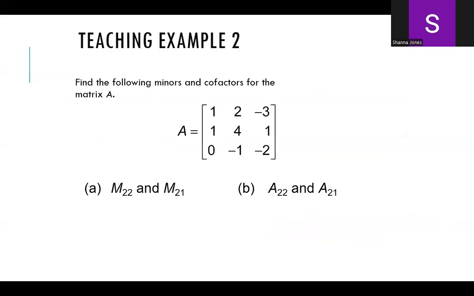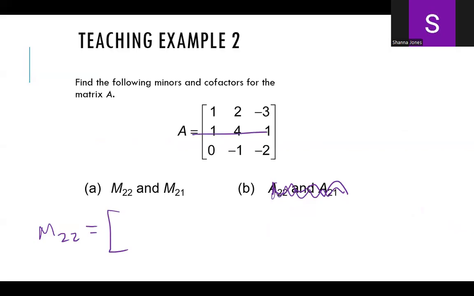What we're not going to worry about is A. Focus on this. So we're going to find the minor matrix of M22. M sub 22 means that I am doing what?